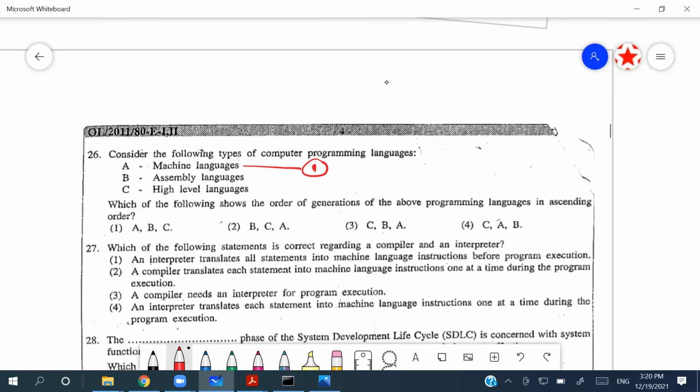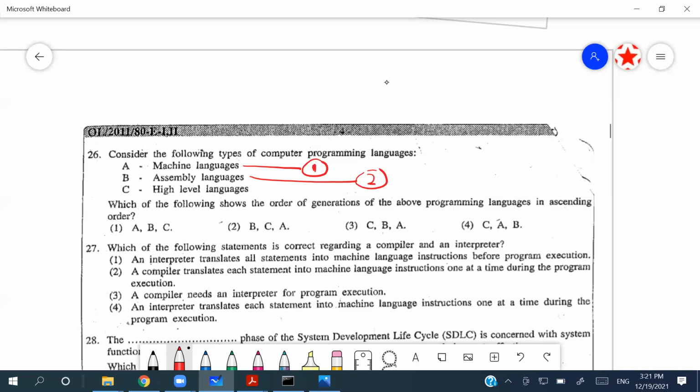Then they introduced small English words into the source code, which we call assembly language. This is the second generation of language. And then they came up with high-level languages, more human-friendly languages, which means programming languages were made out of more human-readable languages. Those are called high-level languages.